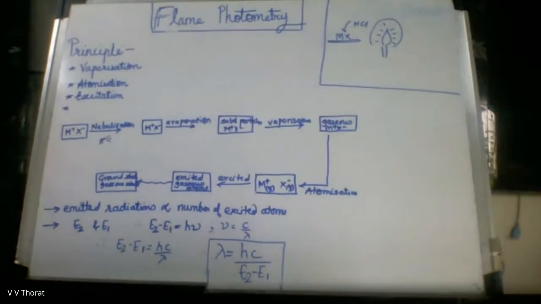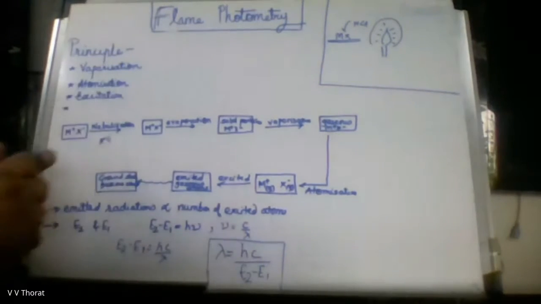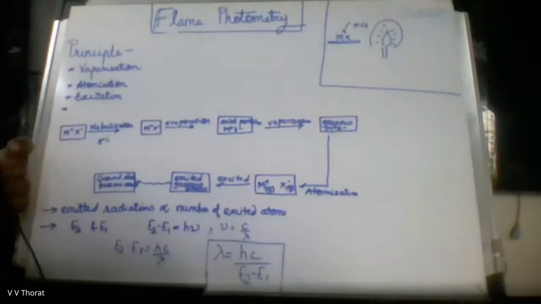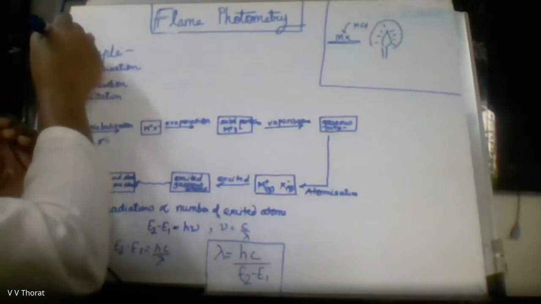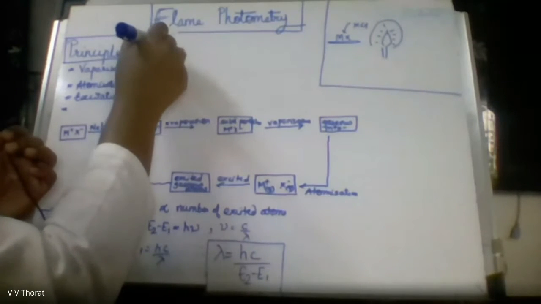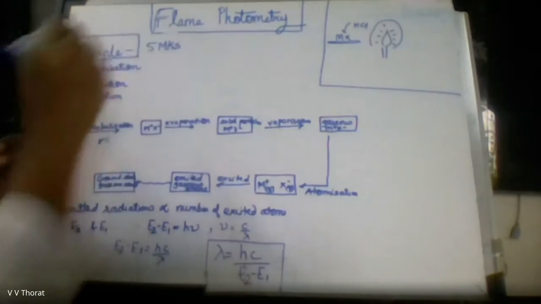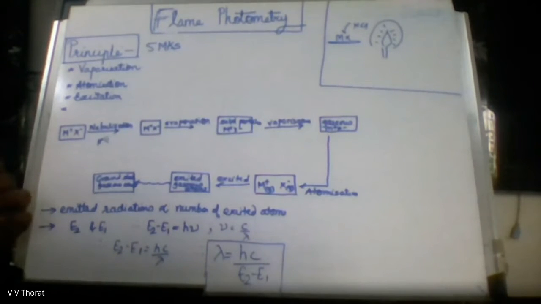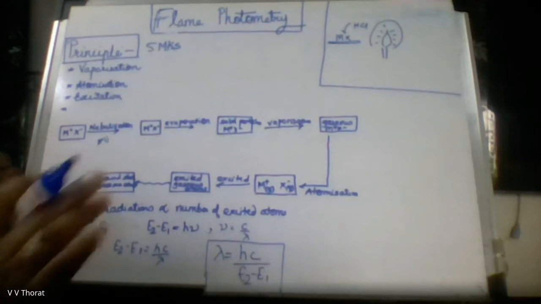Yes. So what is the flame photometry principle? Most important. There are many objective questions from principle, and if it is offline, you will have to write the principle for 5 marks. What will you write? You have to be very careful while using the words.